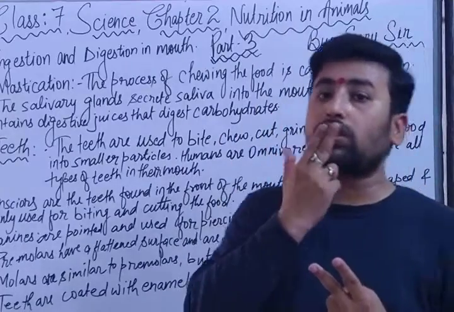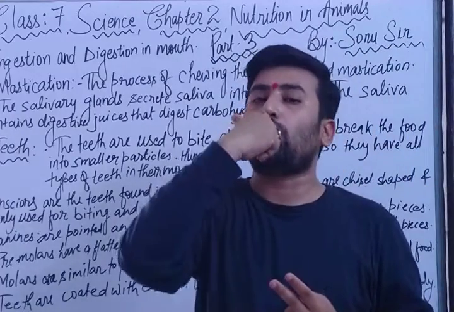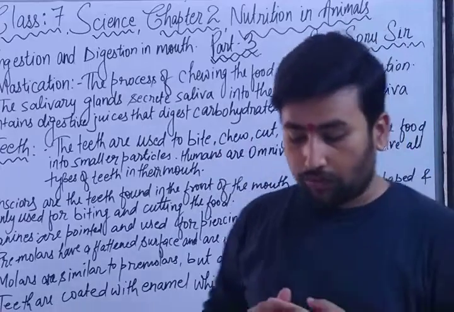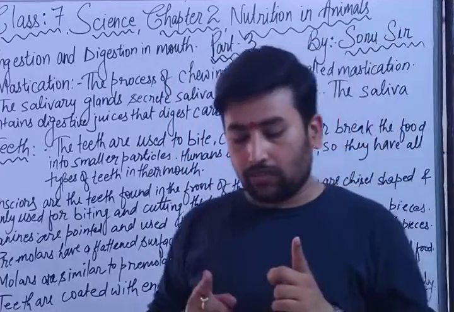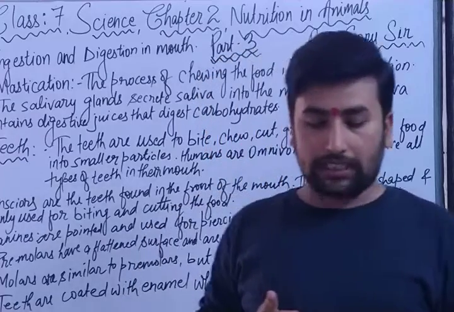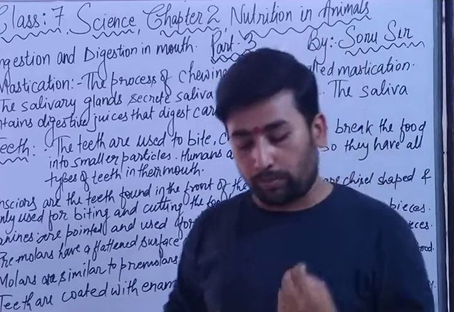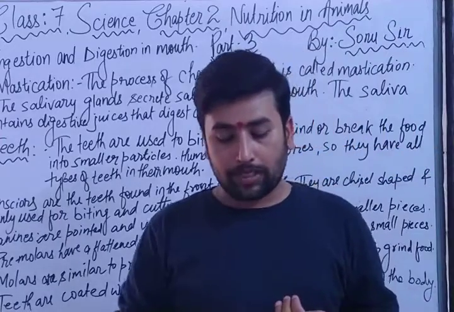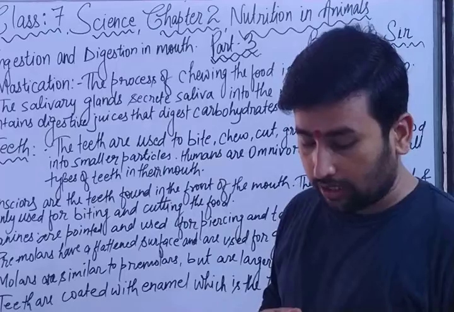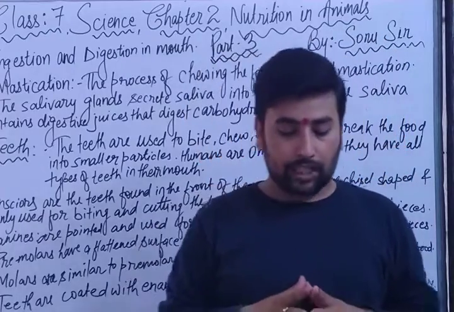Up also 2 incisors, and down also 2 incisors. So the total number of incisors is 4. 1 canine this side, 1 canine this side, so total 2 canines. 2 premolars up, 2 premolars down, so total 4 premolars, and 6 molars, 3 molars up and 3 molars down, counting each and every side.